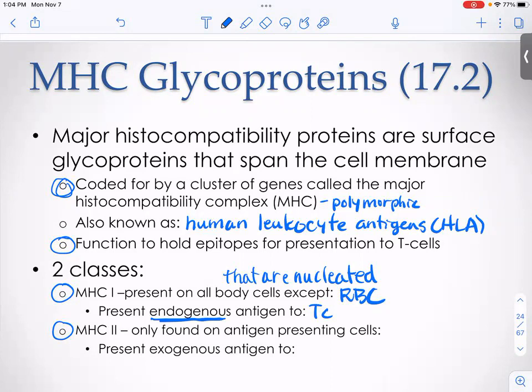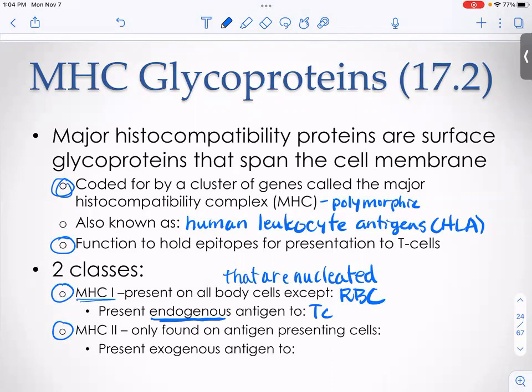So pretty much every other cell, we've got these proteins that are going to have several different functions. There's 2 different kinds. Some of these, which we call MHC class 1, present antigen that's inside of the cell. And they're presenting that to a specific kind of T cell, a cytotoxic T cell. So we'll get to a picture of that in a minute.